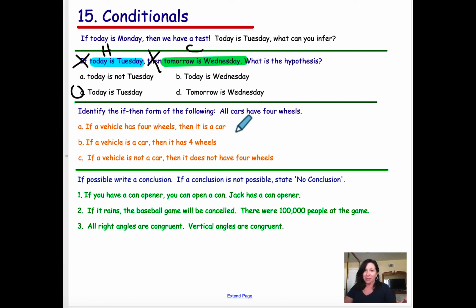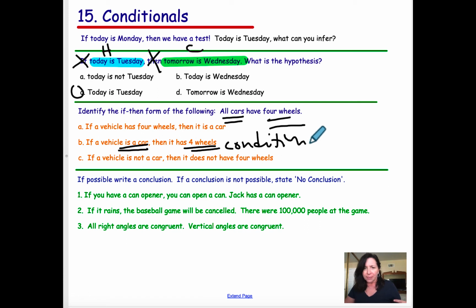These both are the same thing, except car is first and wheel is second in this one. So this would be my conditional, because it's "if a vehicle is a car, then it has four wheels."